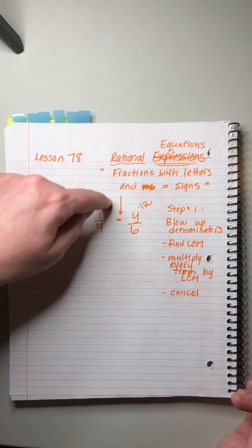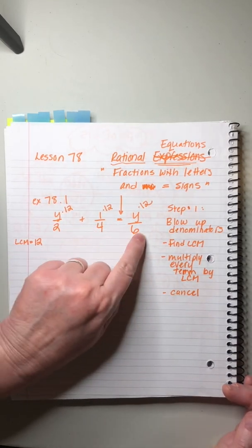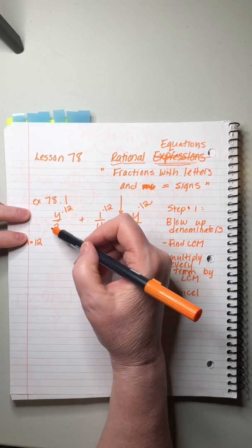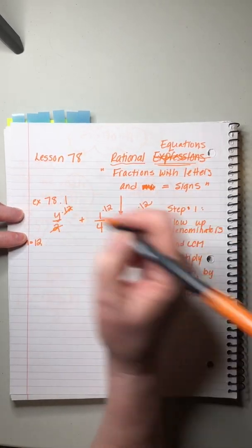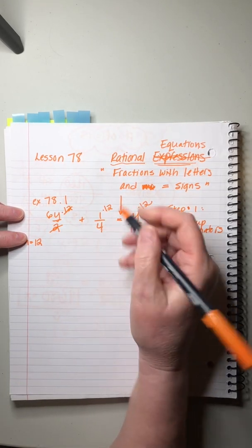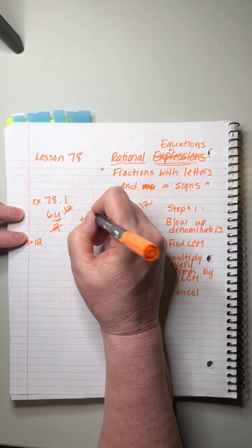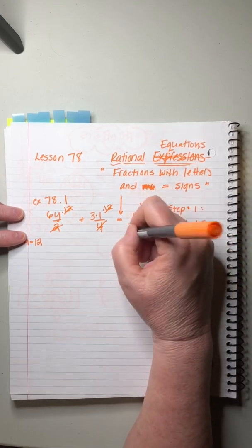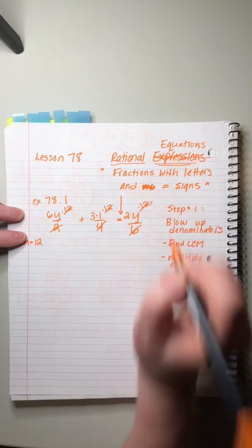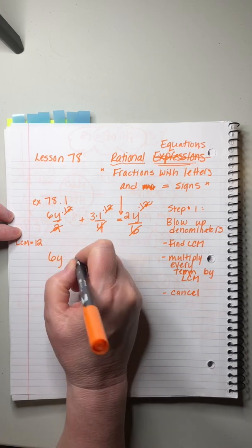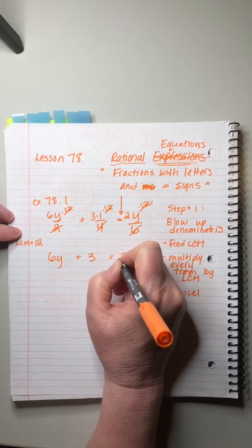We chose this number because we knew that every single one of our denominators is going to divide cleanly into it, so we know it's going to come out even. 12 divided by 2 cancels, and we're left with a 6. 6 now gets multiplied by the y. 12 and 4, that cancels. We get 3. 3 is multiplied times the 1. 12 and 6, those cancel. We're left with 2. 2 is multiplied by the y. So now what we've got left is 6y plus 3 equals 2y.